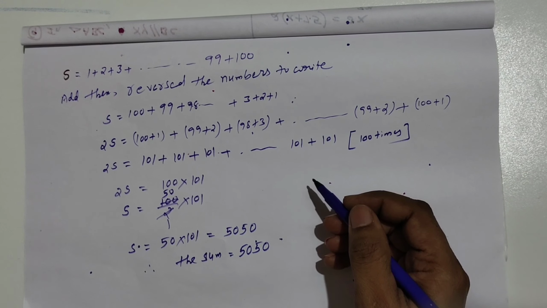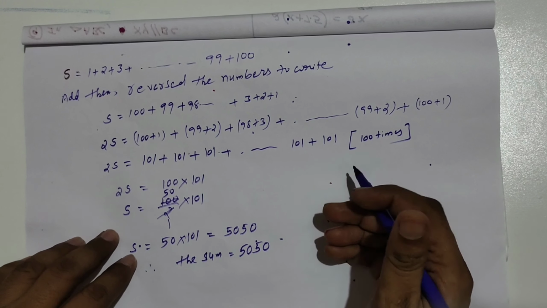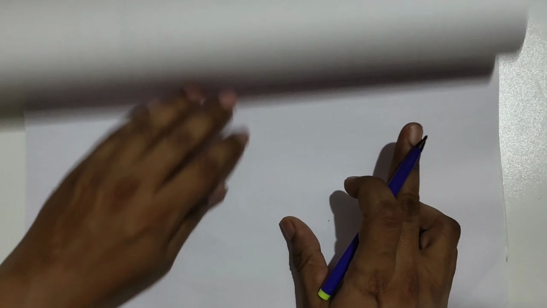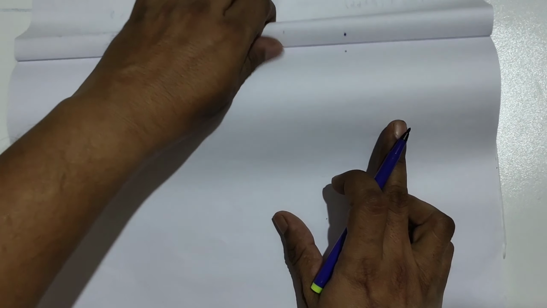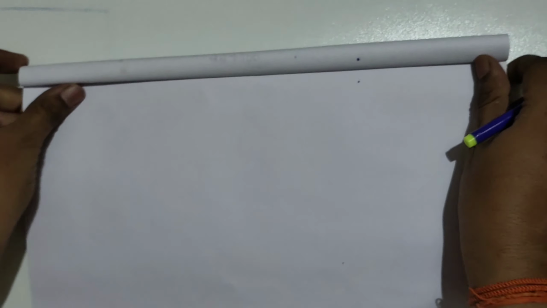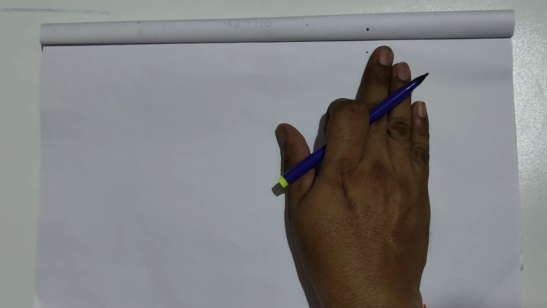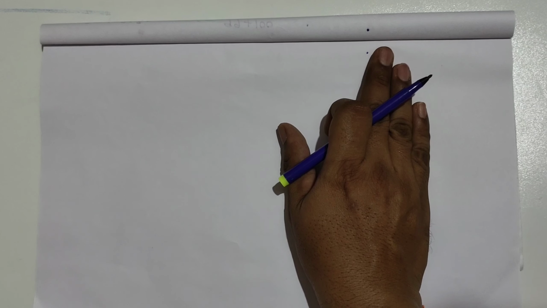Now let us discuss how we can find the sum of n terms in this pattern. By using this same idea, we have to find the sum of n terms in an arithmetic progression. So we will use the same technique that was used by Gauss.